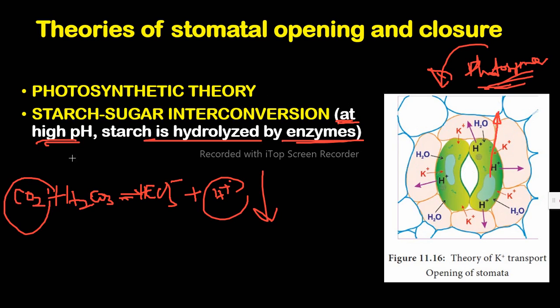Now if the pH increases in the guard cell, then what does that imply? The enzymes in the guard cell will catalyze the hydrolysis of starch to maltose and glucose, which are sugars. And you know that sugars are osmotically active, whereas starch is not.